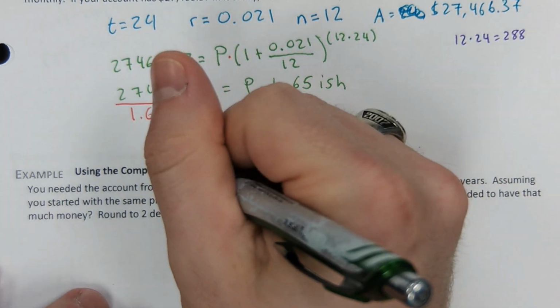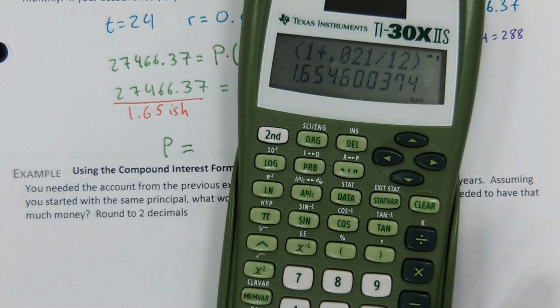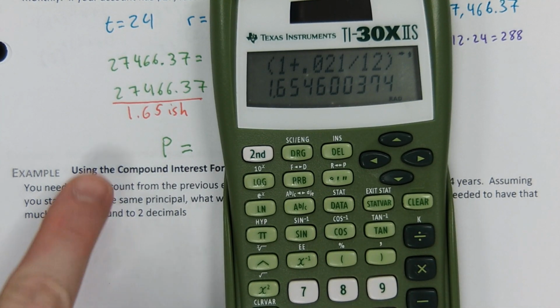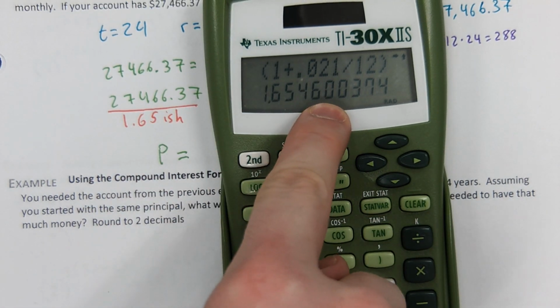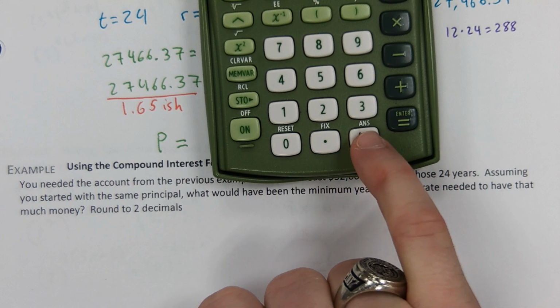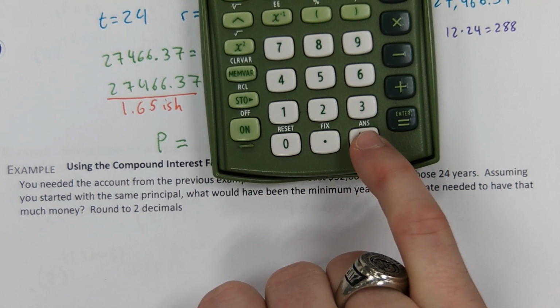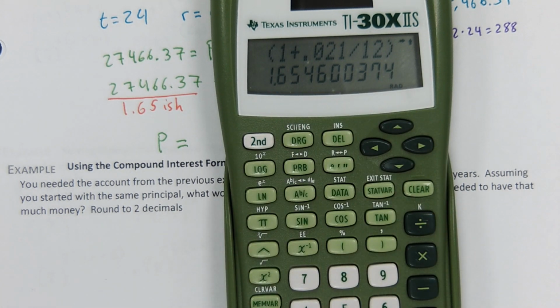So here's what I'm going to do. I'm going to tell my calculator I want it to divide 27,466.37 by that number. And this calculator has this awesome feature down here called answer. This is the last answer that it found.